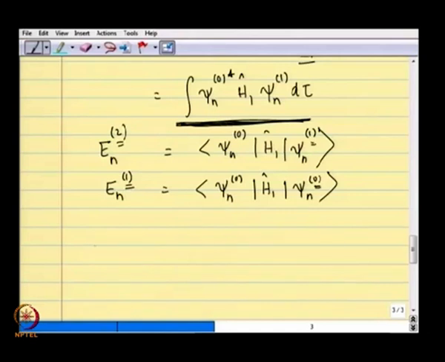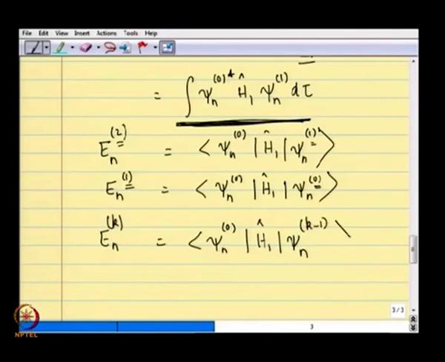In principle, if I need to know the correction to any nth order or any kth order, whatever it is, third, fourth, fifth, etc., all I need to do is to calculate this quantity psi n 0 h 1 psi n, the k minus 1th order wave function. Is it true or not?